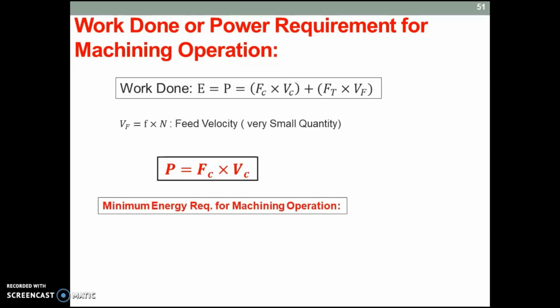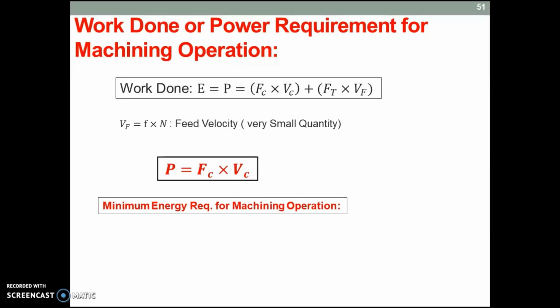Next, we have to calculate the minimum energy requirement for the machining operation. Before that, let me recall how the machining operation is possible. If the induced shear stress is greater than or equal to the ultimate shear strength of the workpiece, then only is machining possible.